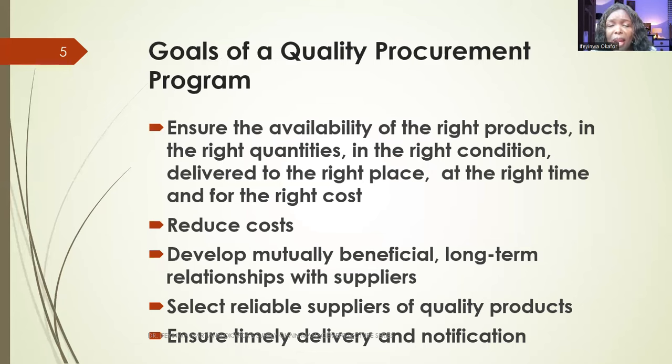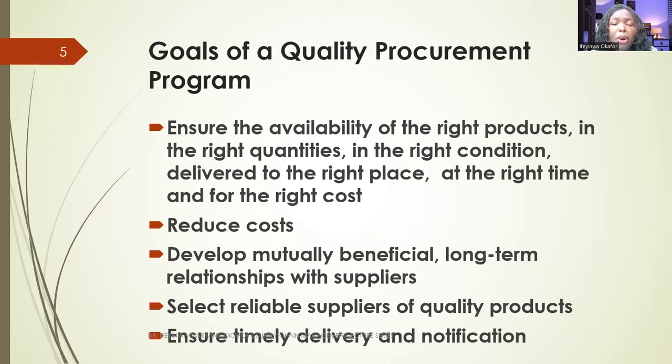You remember that the essence of the logistics system is to deliver the goods right to our clients, and a good procurement program will help us immensely in doing so.